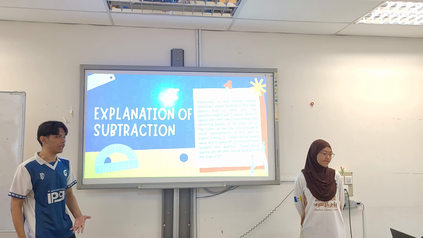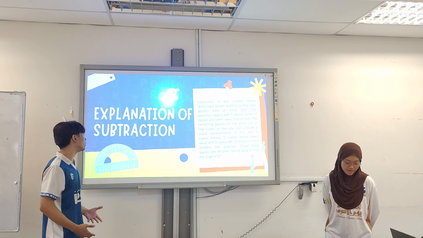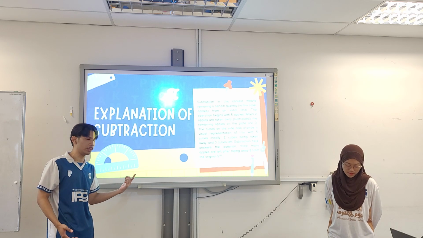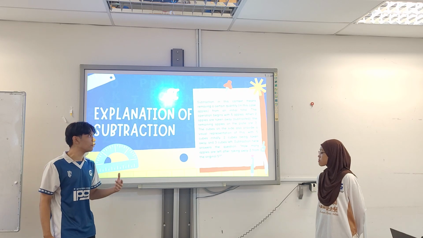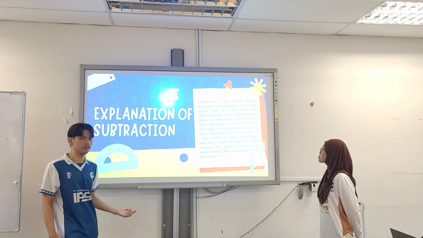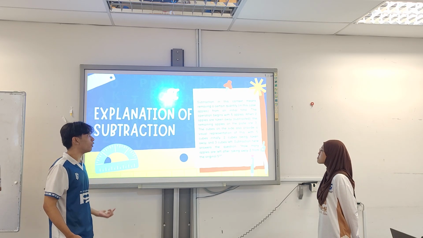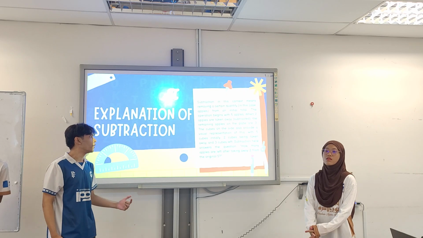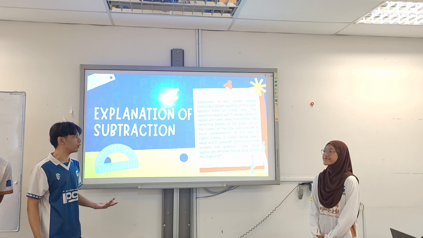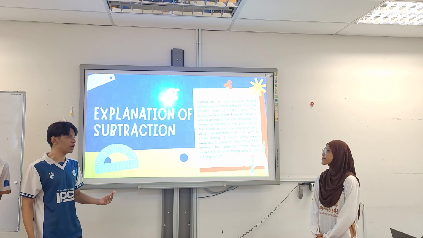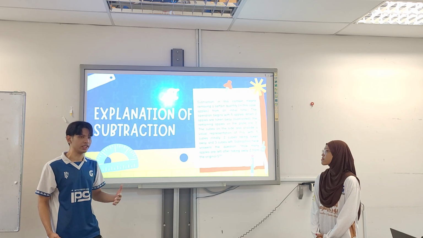Then I want to explain about subtraction related to this question. So subtraction in this context means removing a certain quantity, which in this case is apples, from an initial total. The operation begins with 5 apples. When 2 apples are taken away, or we call subtract, the remaining apples on the plate are 3.